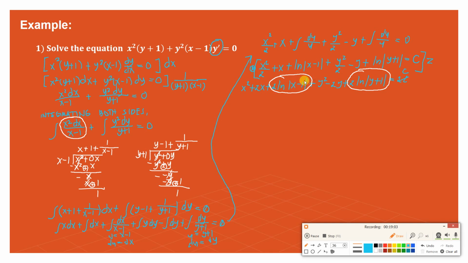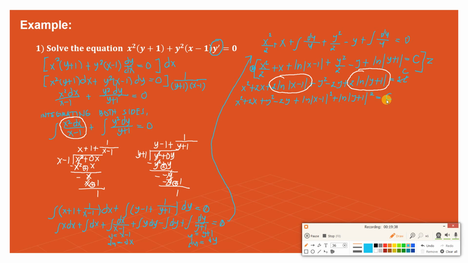Ito yung magiging exponent. So, if I'm going to rearrange it, we have x squared plus 2x plus y squared minus 2y, okay, plus yung first term na ln, x minus 1, lagay ko na yung squared, yung 2 sa taas as the exponent. Same with the last term, y plus 1, lagay ko na rin yung 2 sa taas.